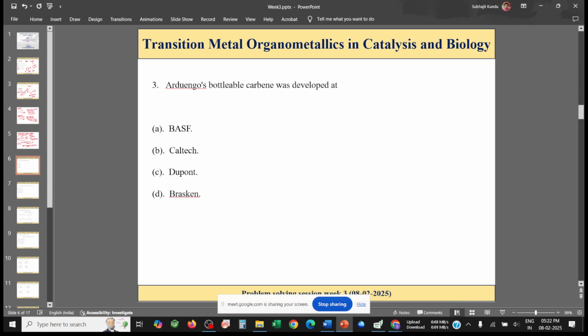This carbene was first developed at DuPont, and it is very important in homogeneous catalysis. The research is still going on, and it is a very hot area in organometallic chemistry. So the correct answer for this question is option C.